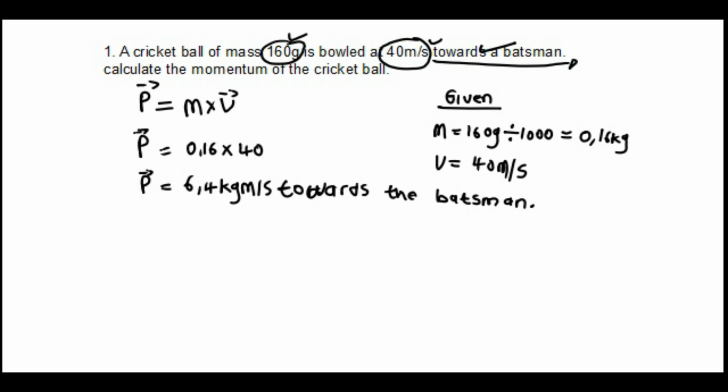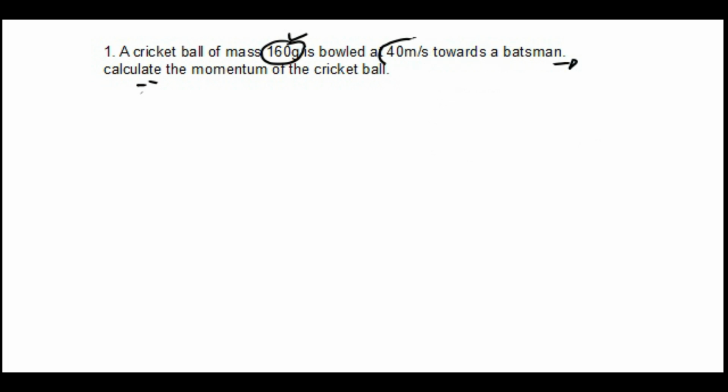So this is how you apply the formula for momentum. Let's try another example. Let's say you have object A and object B. Object A has a mass of 100 kilograms and a velocity of 12 meters per second east.